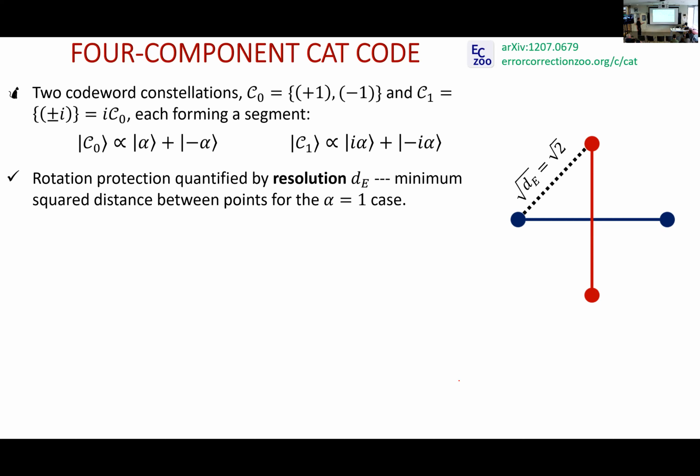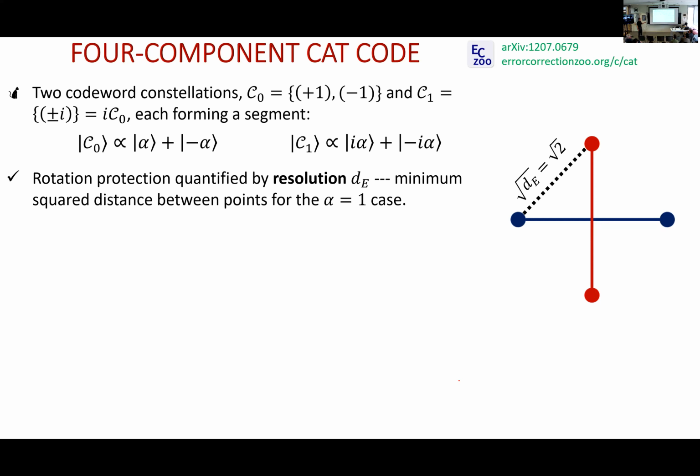So what do these codes protect against? What is the noise that we're trying to fight here with these codes? Well, one set of noise is dephasing, angular diffusion, random rotations applied to your state that will rotate your square like this. And what protects us against this? Well, the points are separated from each other, and for each sort of protection, you have to quantify how well separated they are.